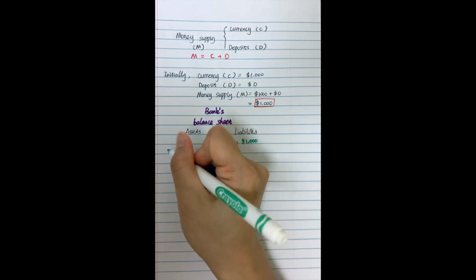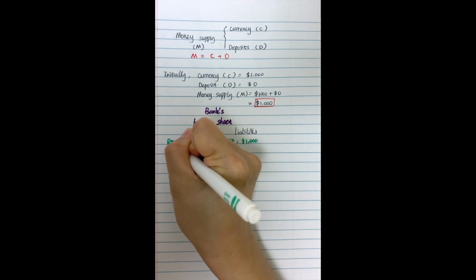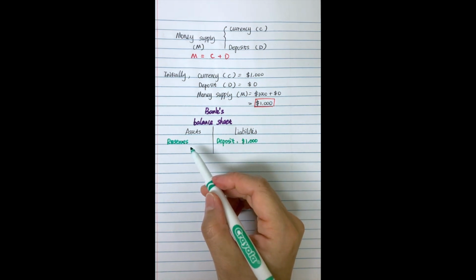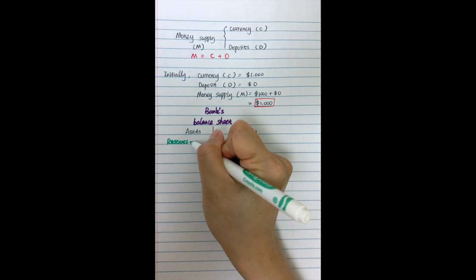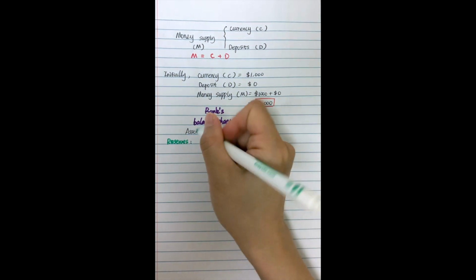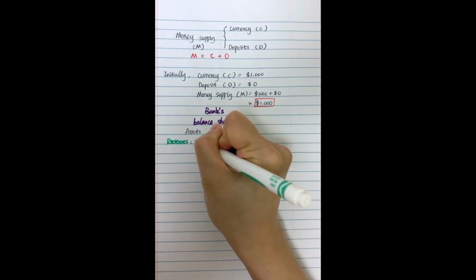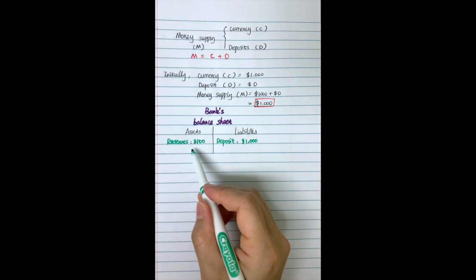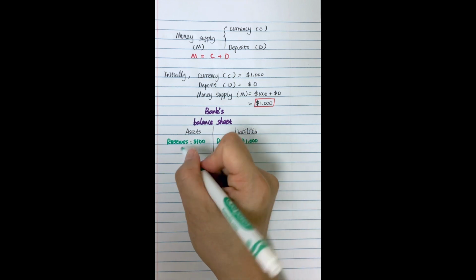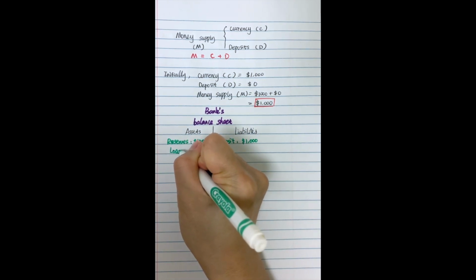So the bank needs to first keep some money as reserves. And this depends on the reserve ratio. Here we assume the reserve ratio is equal to 10%, okay? So we assume the bank needs to keep the reserve as $100. And then the rest of the money, the bank can make loans.